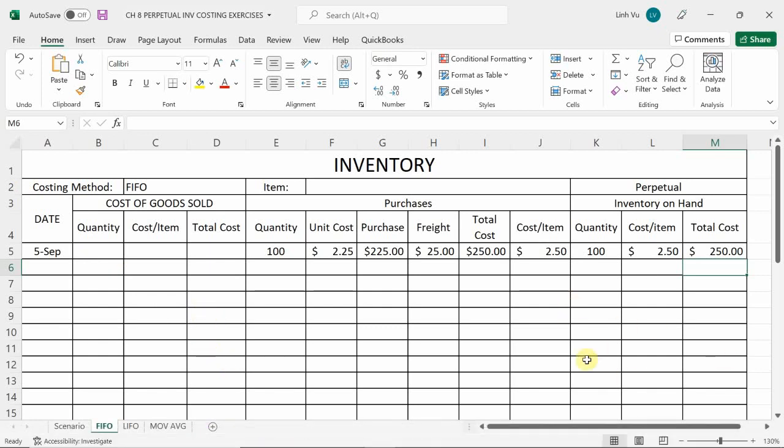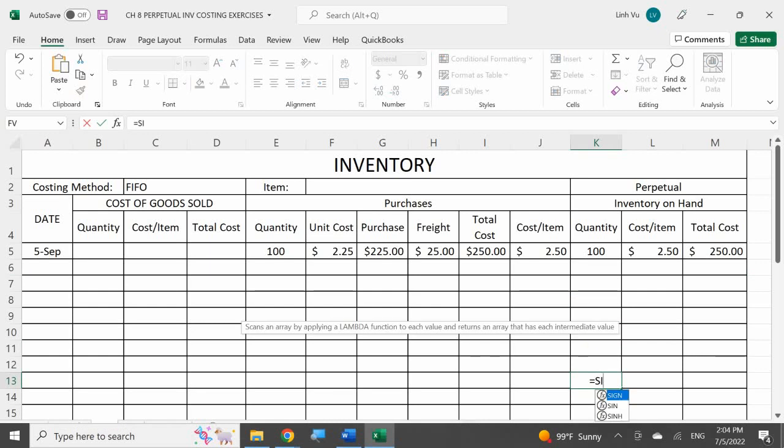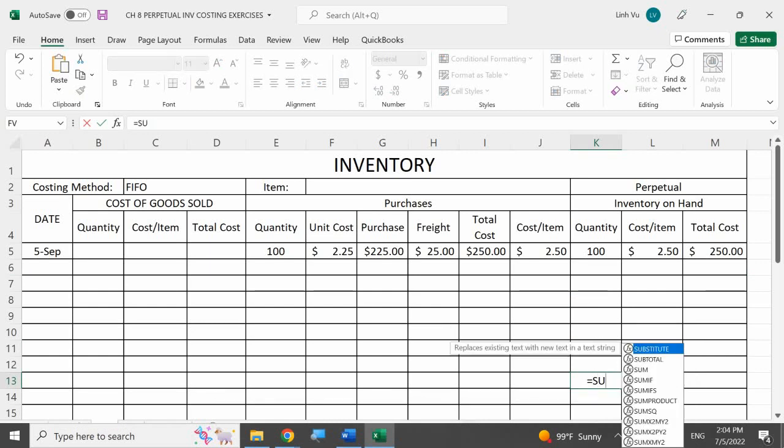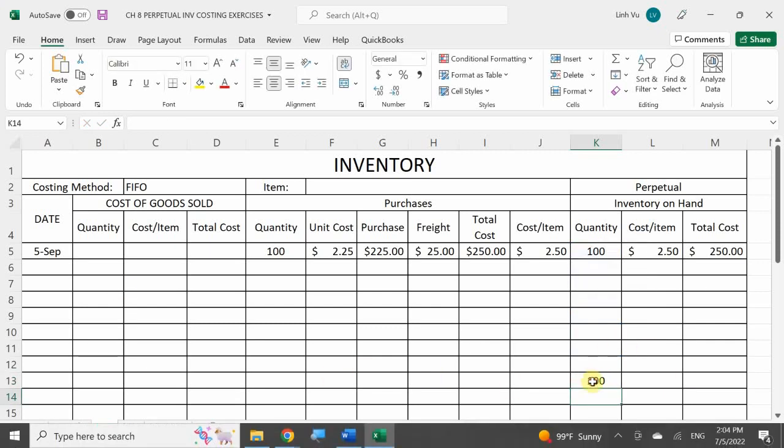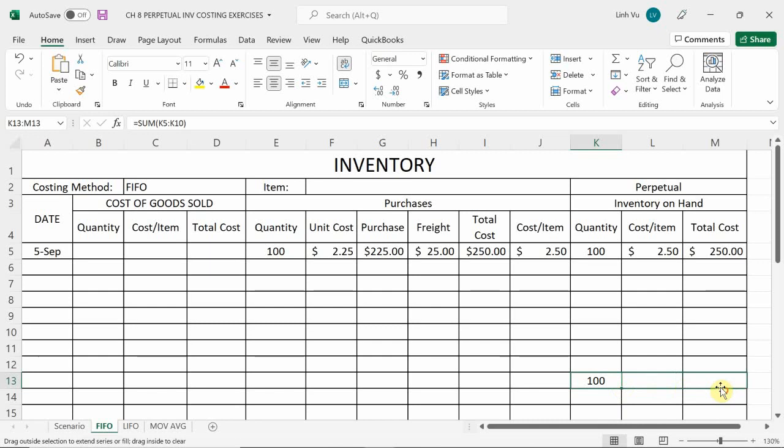I'm going to create my sum at the bottom so I can recognize my total inventory on hand, also known as my goods available. Right now, after this purchase, I have a total of 100 units available to sell.